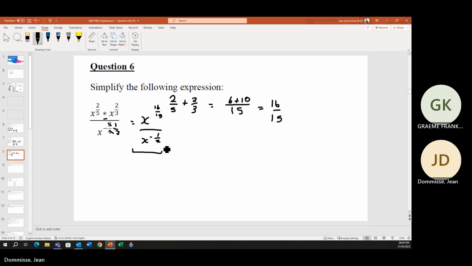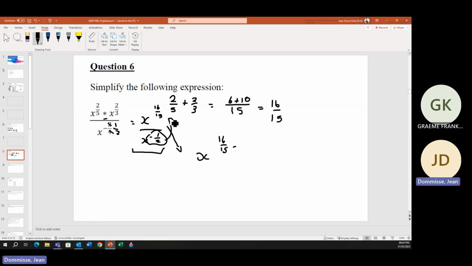So how we can look at it is to say, well, again, we've got the same x in both, so we can rewrite this to say, well, it's x to the 16 over 15. And then what I do, I bring this to the top.